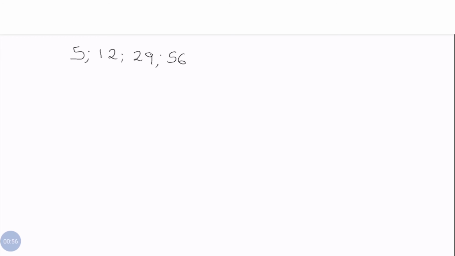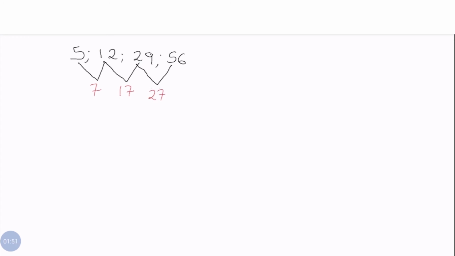So the first thing we will do is determine the first differences. It's 12 minus 5, 29 minus 12, 56 minus 29. So we will have 12 minus 5, which is 7. 29 minus 12, that is 17. 56 minus 29, that is 27.